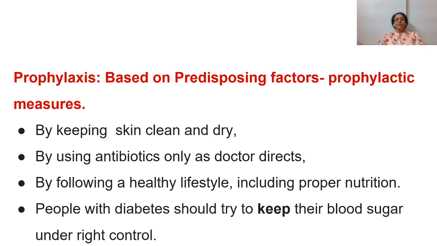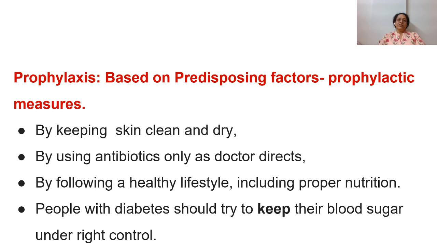In prophylaxis, that is, how to prevent candidal infection, first we have to prevent conditions based on the predisposing factors. We have to consider prophylactic measures. If a person is suffering from diabetes, then there should be control of the sugar level.